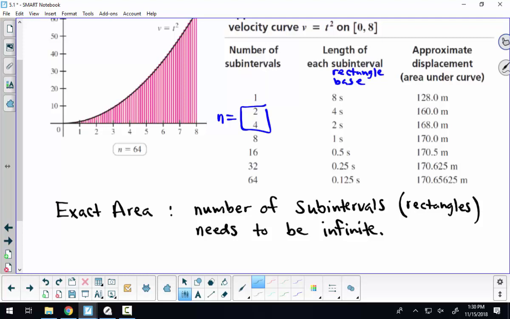I mean, as a thing, that's not possible. You can't put infinitely many rectangles in that region.